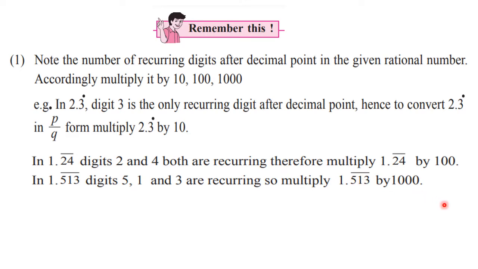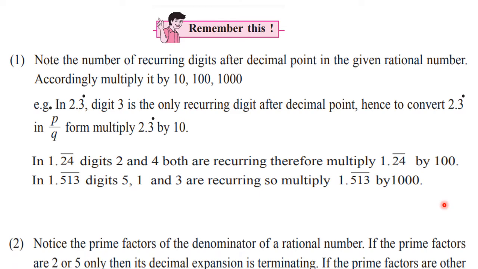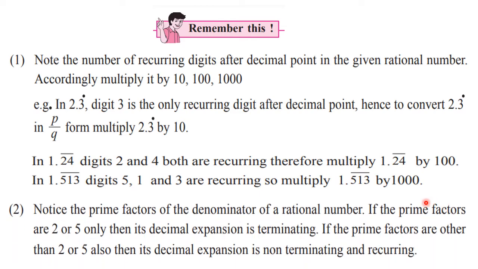And the second thing which we have discussed in the beginning, that is the second point, that when we want to decide whether the given fraction is a terminating one or non-terminating recurring one, then we have to see its denominator. Okay, that means we have to see the prime factors of the denominator.